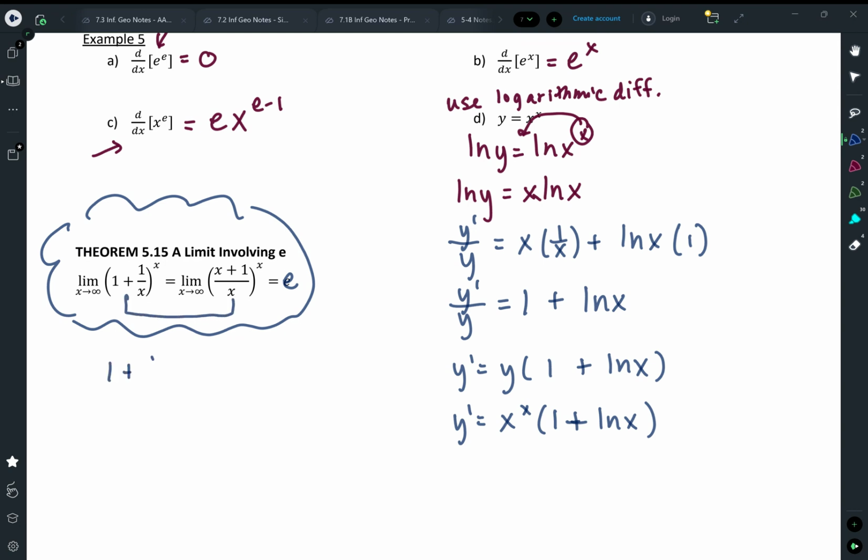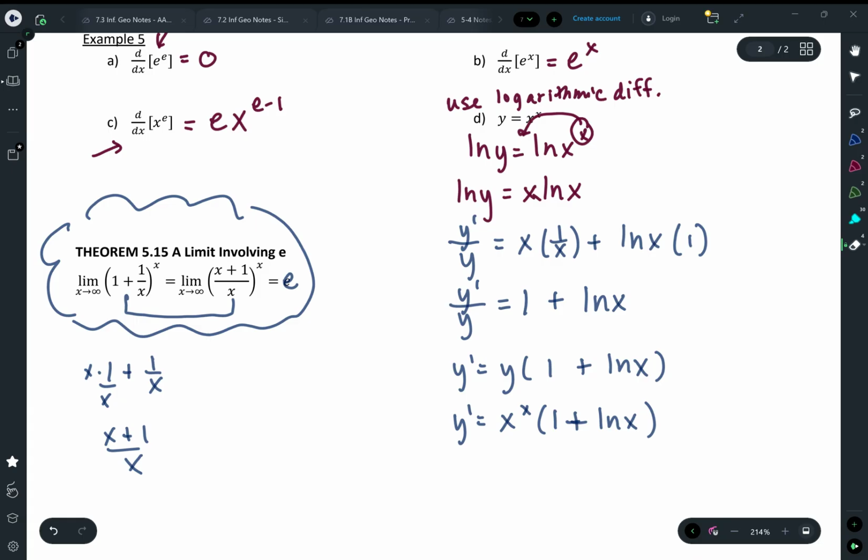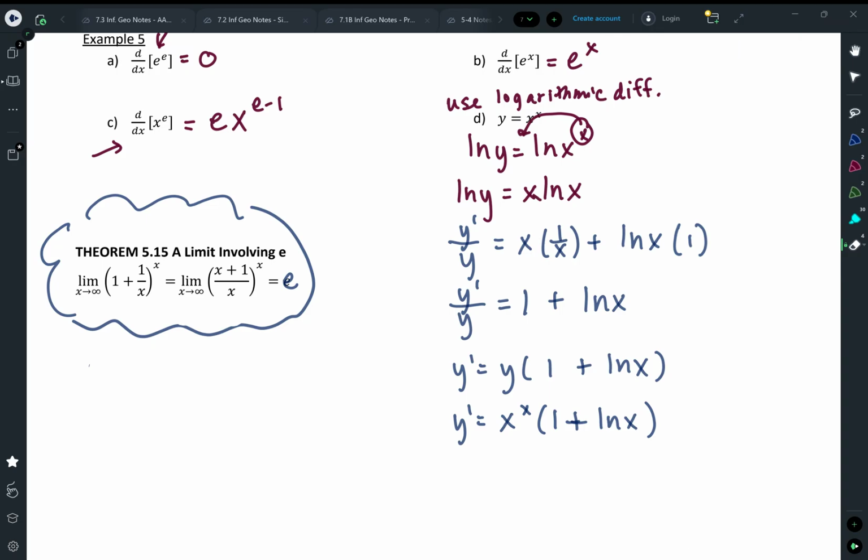If I have 1 plus 1 over x, and I multiply the first thing by x over x to get a common denominator, now I have x plus 1 over x. So the fractions are just equivalent. It's just different ways of writing it. But it's really cool to me that that just approaches e. So e is one of those numbers. Hopefully your pre-calc and algebra 2 teachers talk to you about this. It just kind of pops up all the time in nature and in banking, and it's just really cool.